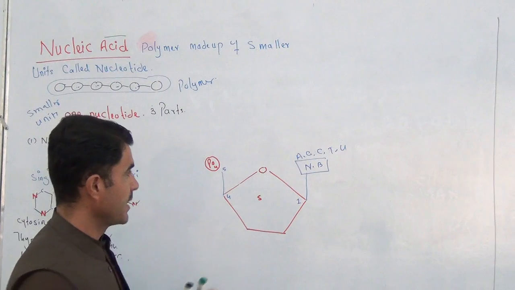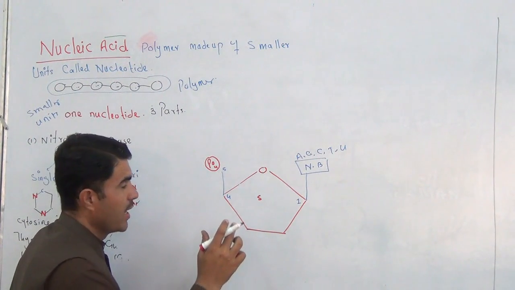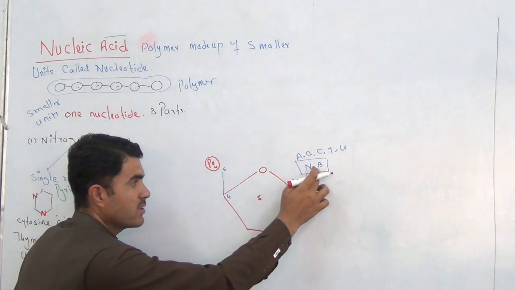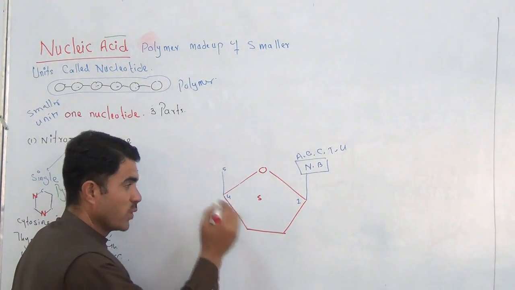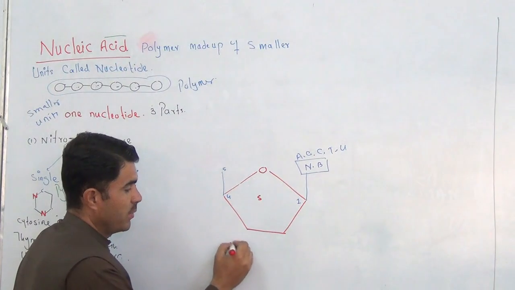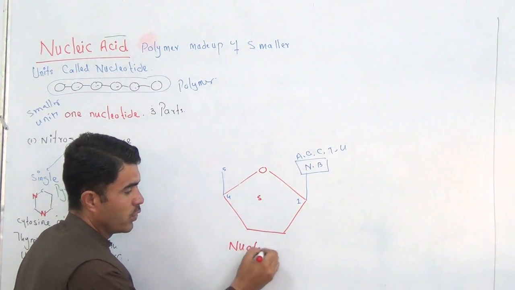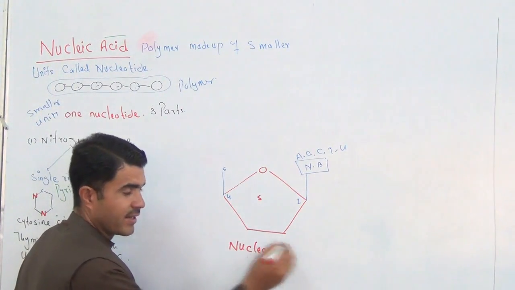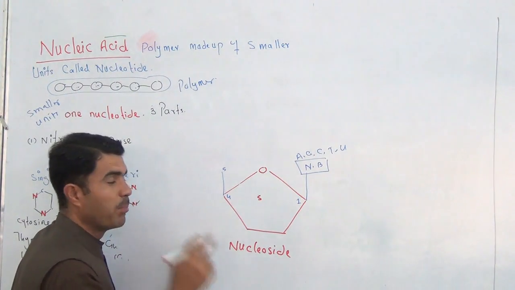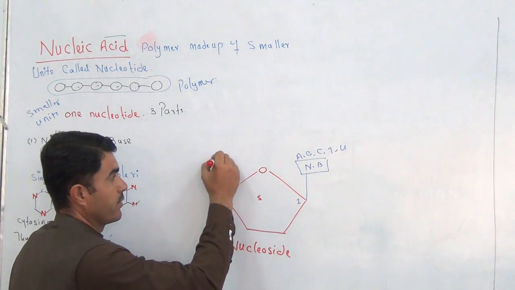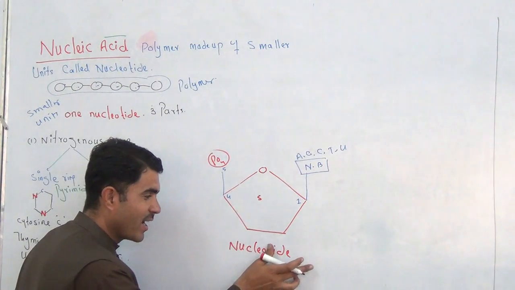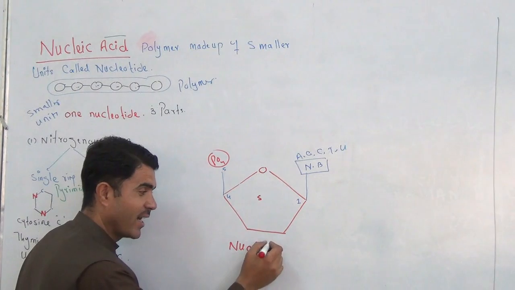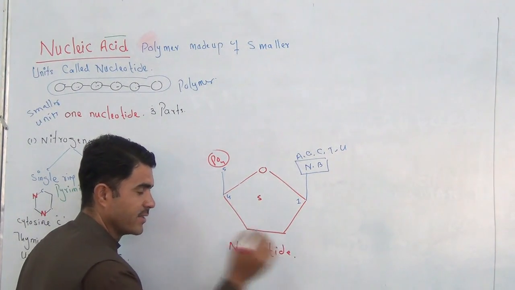So when a nitrogenous base is attached to sugar and there is no phosphate, we call it a nucleoside, right? But when a phosphate is attached, it is called a nucleotide, right?